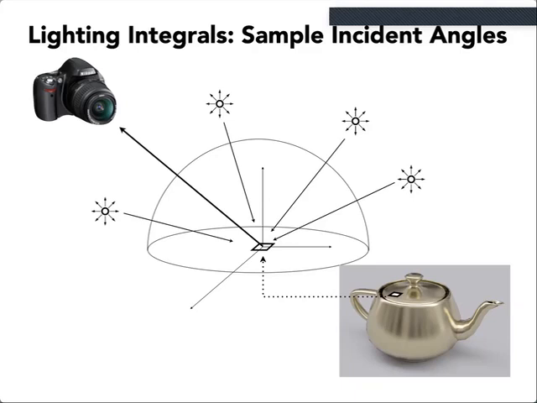In order to calculate what the appearance of this golden patch looks like in the photograph, in a pixel in the direction of the camera, what we have to do is sample all the different incident angles, all the directions that light could be arriving at this position on top of the golden teapot, and then figure out how much of that light reflects in the exact direction to go towards the camera. We have to do that, of course, for every position on the teapot. But for just this one position, we're going to sample all the incident angles that arrive at this one point on the teapot. That's sampling too. In this case, sampling the space of incident angles.